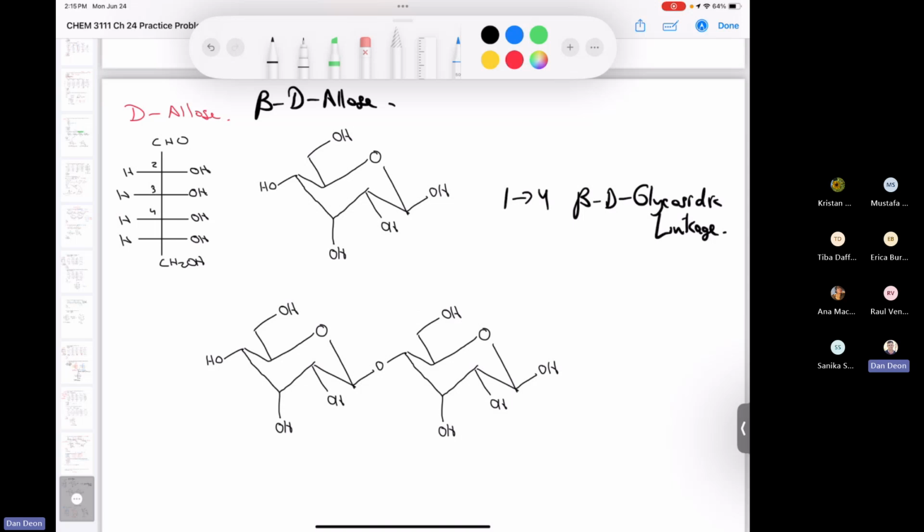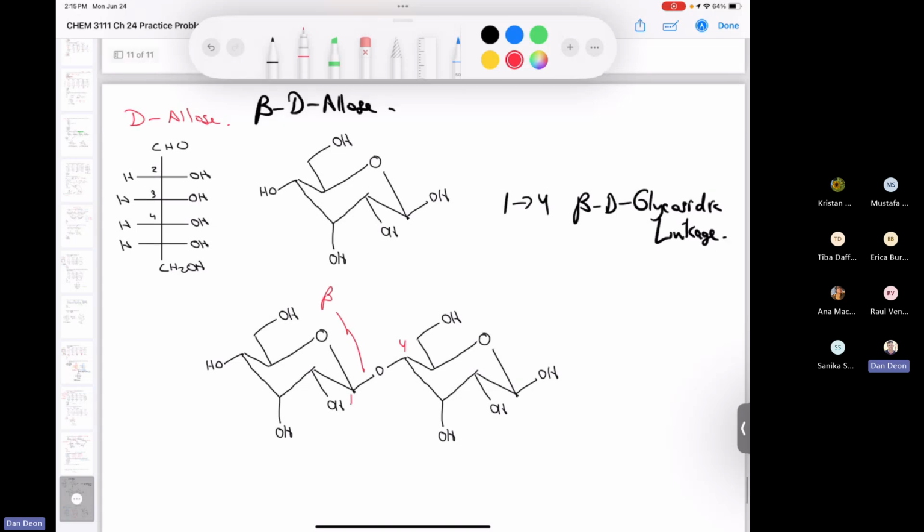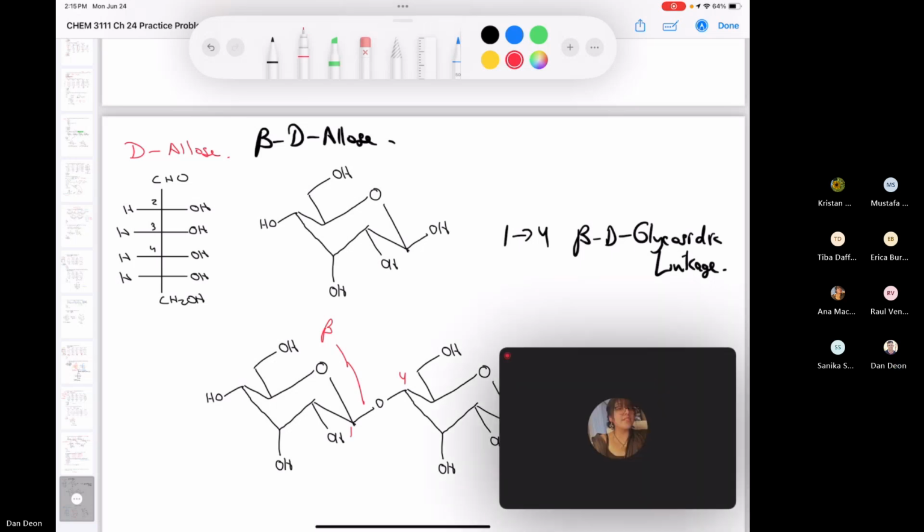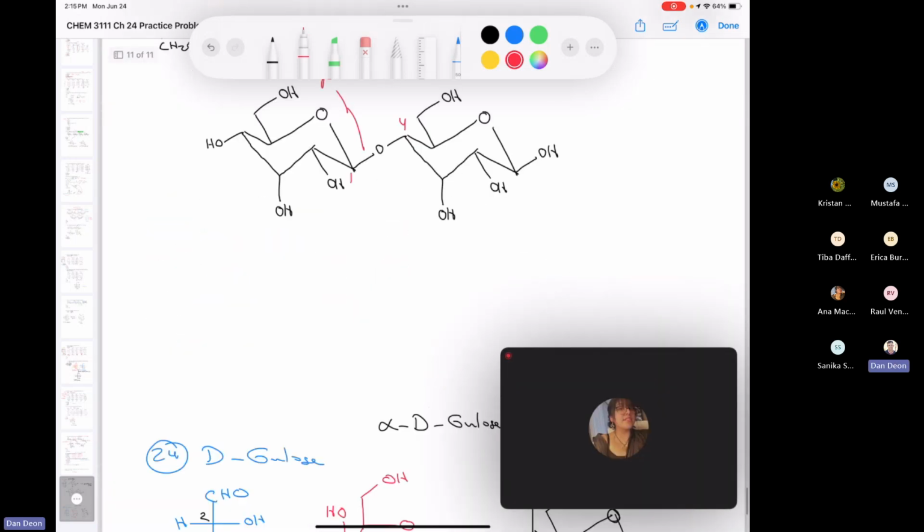So that is our beta. Here's my red pen. This is carbon 1, this is carbon 4, and this is beta here. So this is our 1,4 beta-D glycosidic linkage between two molecules of D-allose. And I think that's all the questions. All right.